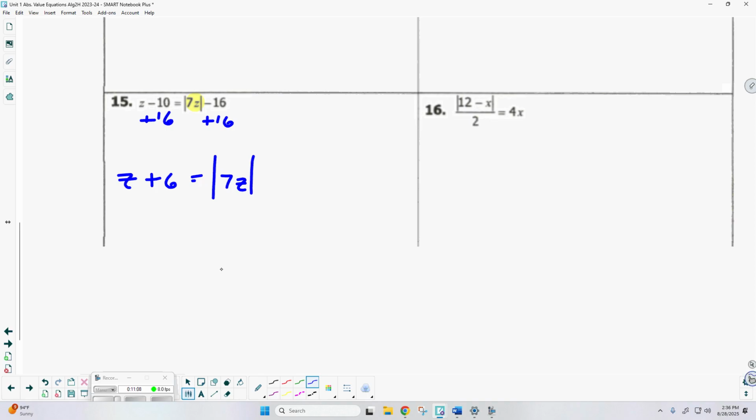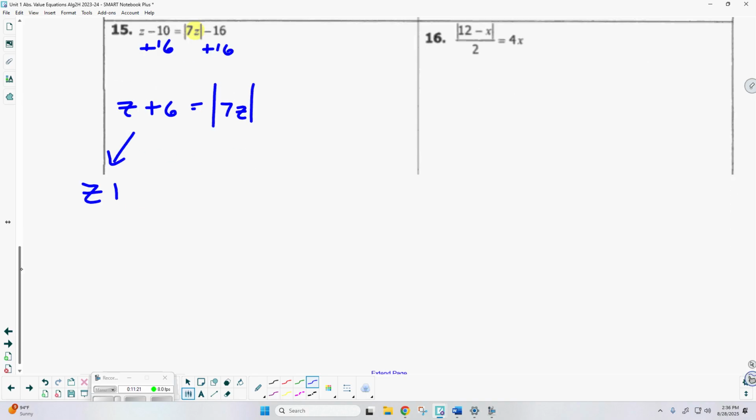Now I'm ready to create my two equations. Okay. The absolute value is all by itself. So what's the first equation look like? Okay, z plus 6. And what would that equal? 7z. Remember, the first equation, just lose the bars.